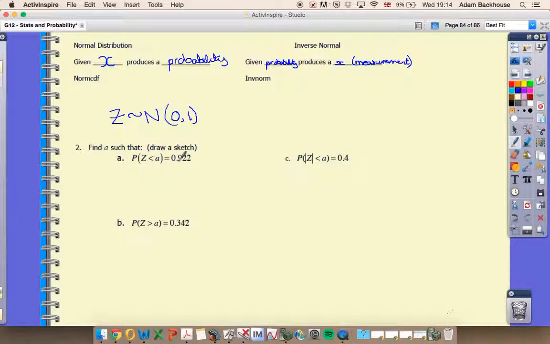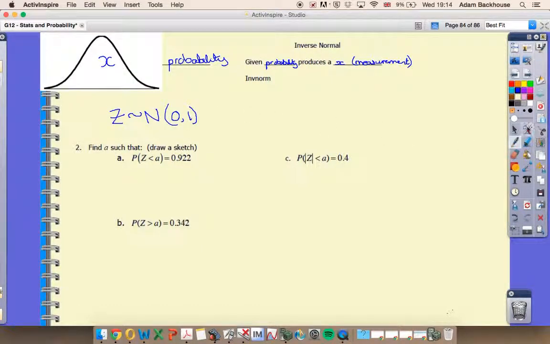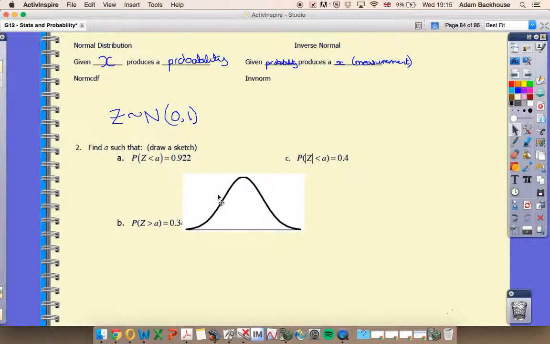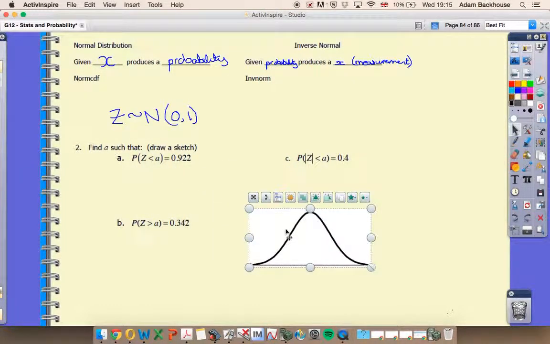As my drawings so far have been terrible, I'm going to start cheating a little bit and using some that have already been made for me. Right, so there's my curve. I know, as this is the standard normal, this point here is 0.